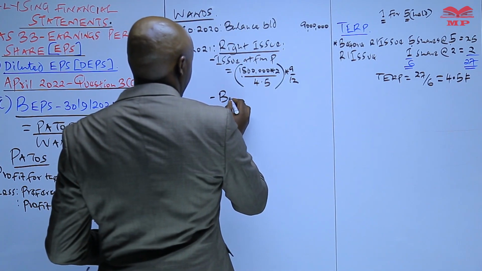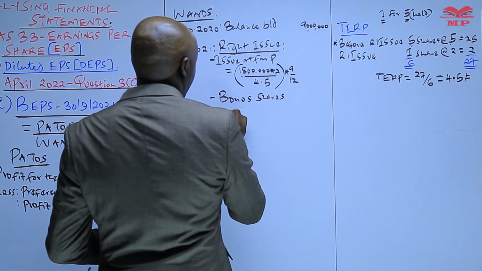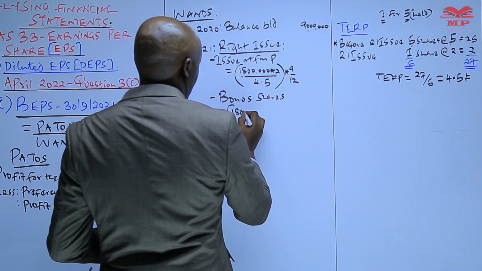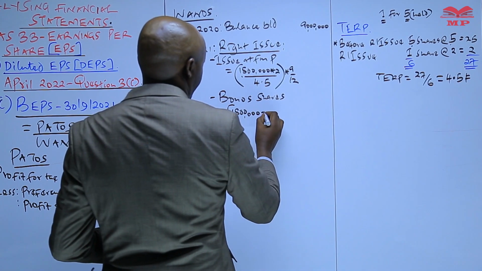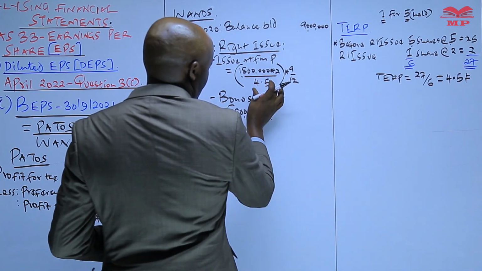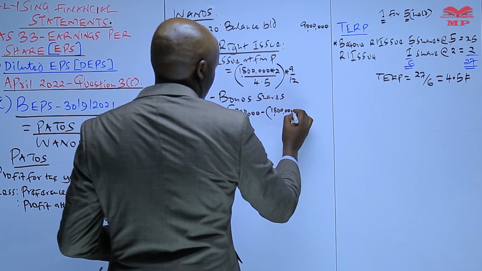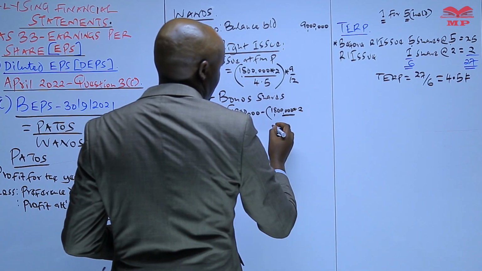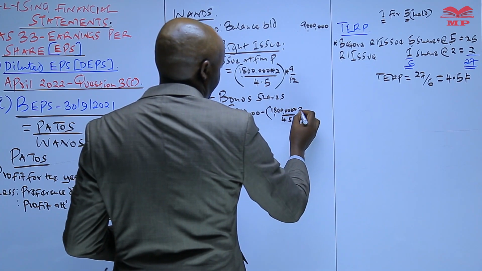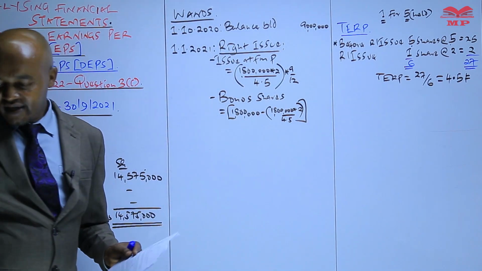Then from there we determine the bonus shares. The shares issued free of charge, which is equal to the total shares which were issued, 1.8, minus the shares issued at full market price. What we have here, 1.8 times 2 over 4.5, these are the shares issued at full market price. And these particular shares here, we said they should not be weighted on time basis.